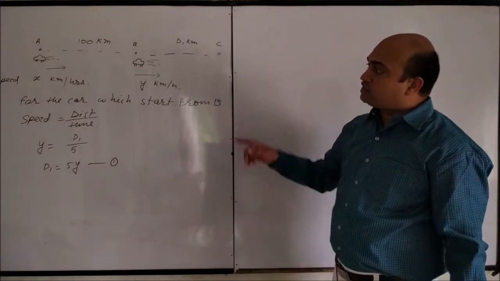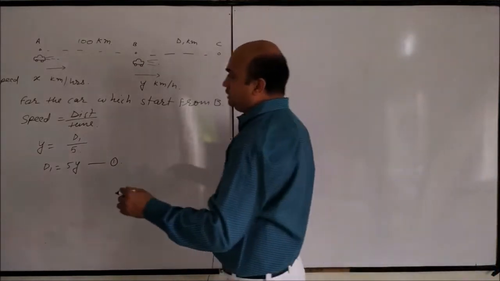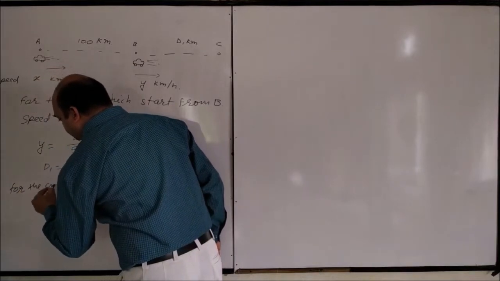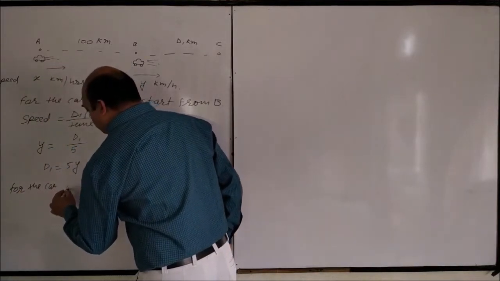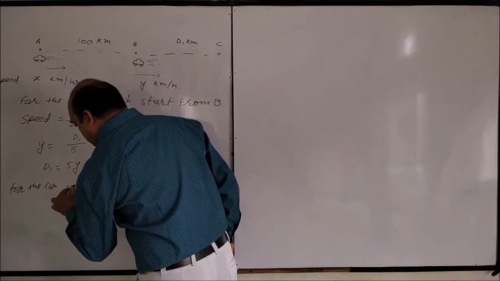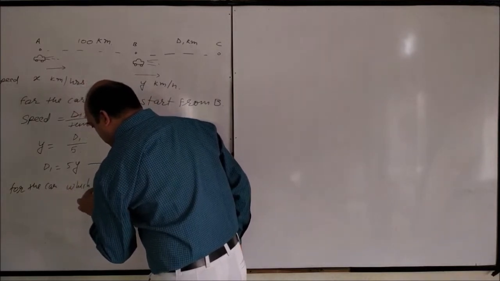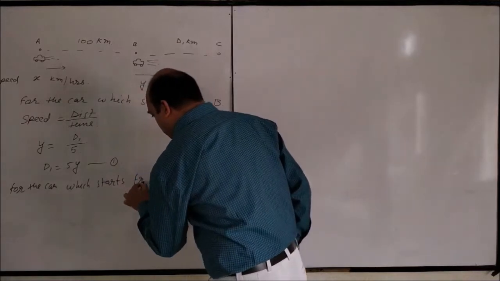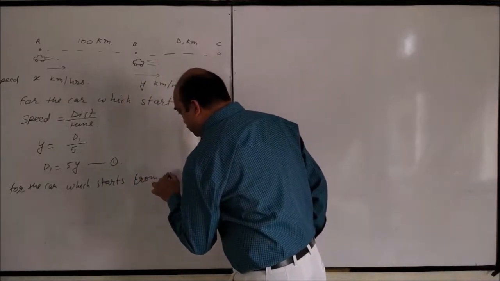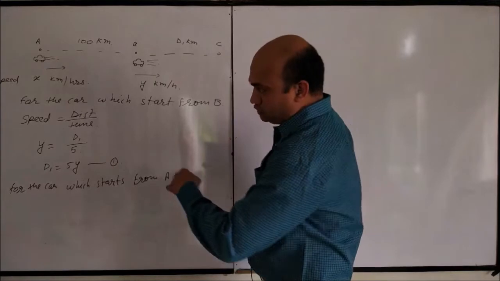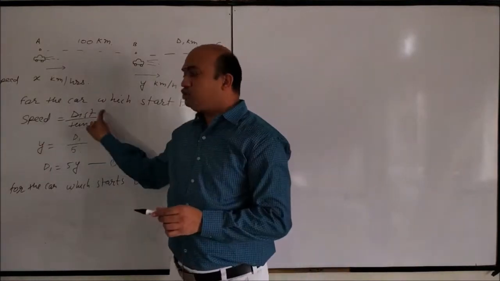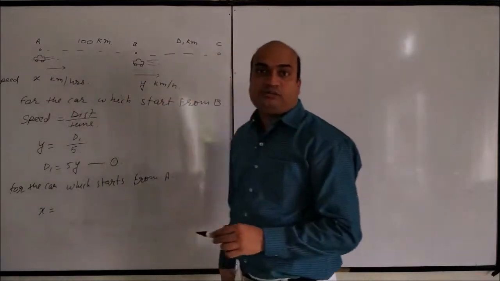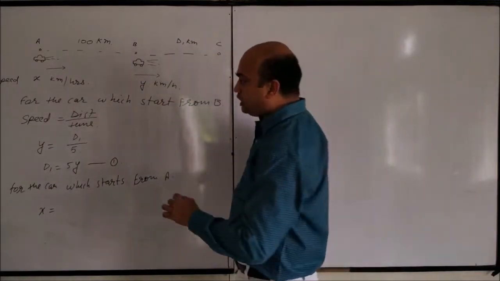Now we talk about the car that starts from point A. Same formula we are applying, speed equals distance upon time. The speed of the car that starts from A is x kilometer per hour.